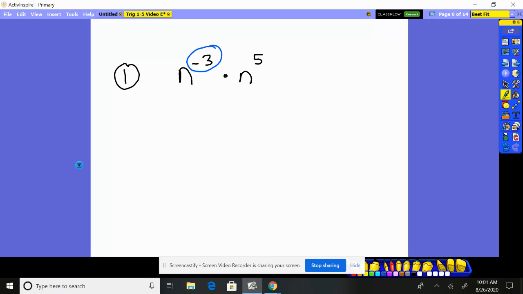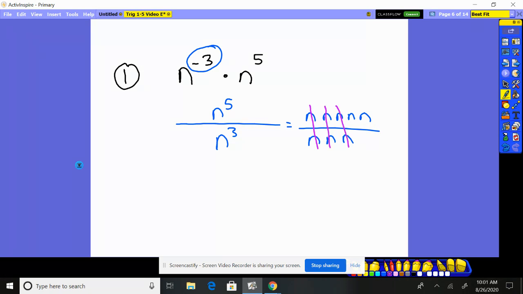I'm going to make a fraction bar as soon as I see a negative exponent, and I know that n to the third has to go down there into the denominator. Up top, we still have n to the fifth. Now all I have to do is simplify. I think what it means: n times n times n times n times n over n times n times n. Those cross out and become ones. I'm left with n squared over 1, and anything divided by 1 is itself. So it's just n squared.